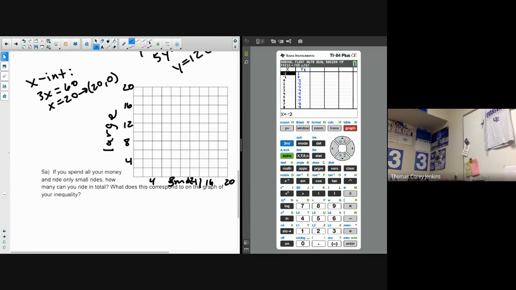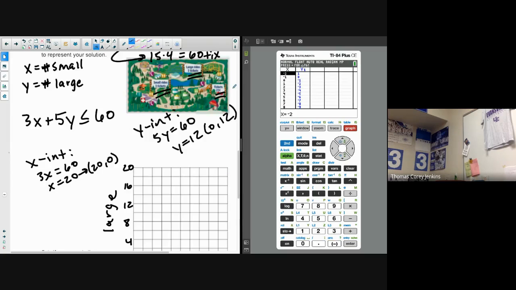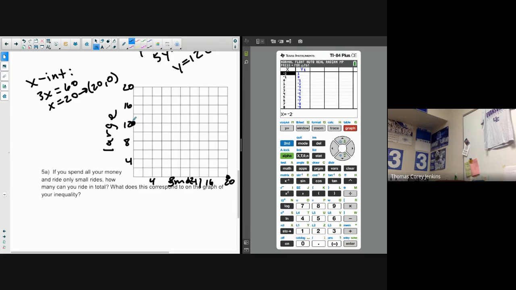All right, so 20, 0 goes through there. It also goes through, what did we say? 0, 12. All right, and then it is going to be a solid boundary line because we could spend up to the money we had. So we're just going to connect the dots here. See what we end up with.